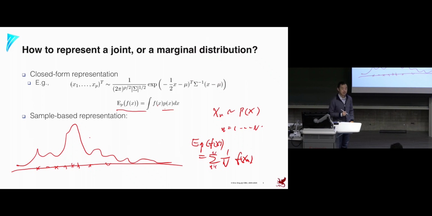You just plug in that sample into the f function, sum together all the instances, and take an average. This is a sample-based representation.